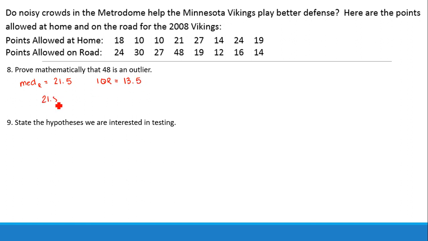So I would say 21.5 plus 1.5 times 13.5. And that gives me 41.75. 41.75 is less than 48, so 48 is an outlier.